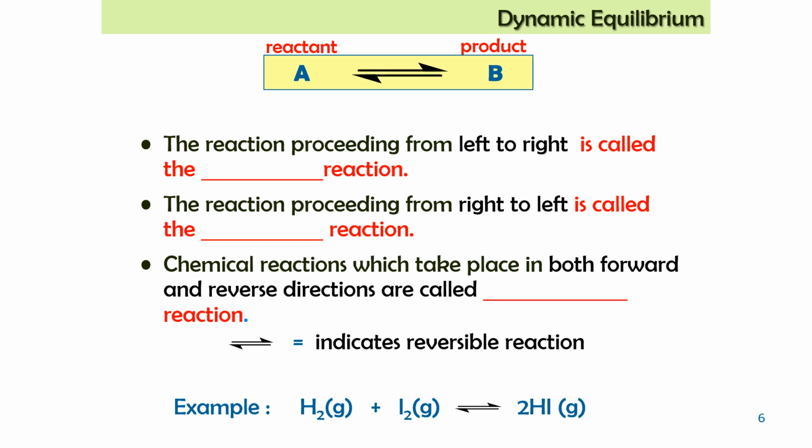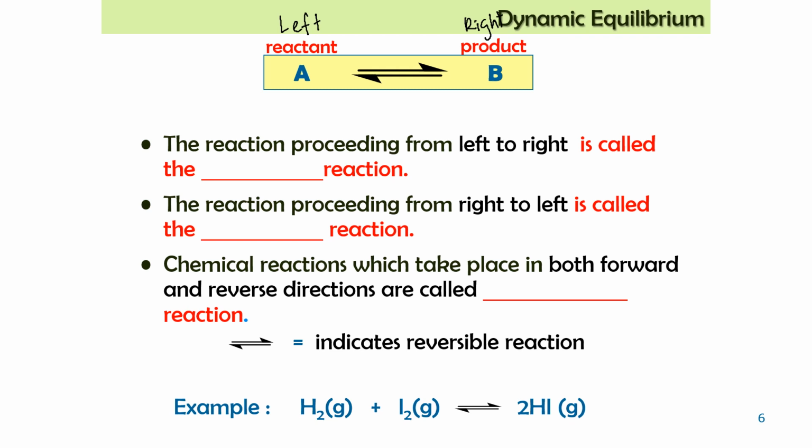Okay, so you can see here, if you have reactant A and reactant A akan menghasilkan produk B. So tak kisahlah reactant kamu hanya satu, 2 or more. Okay, so as long as you can identify and separatekan the left hand side adalah reactant and the right hand side, okay, bahagian kanan adalah product.